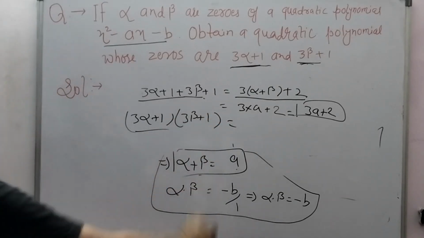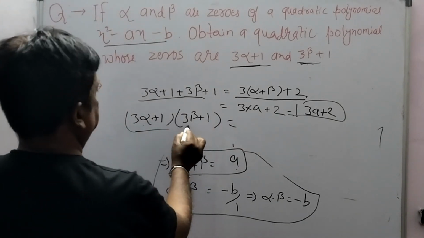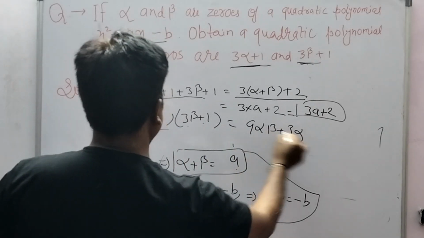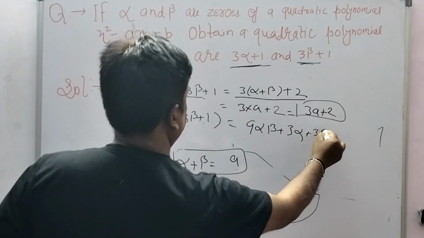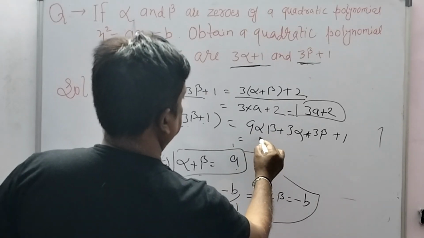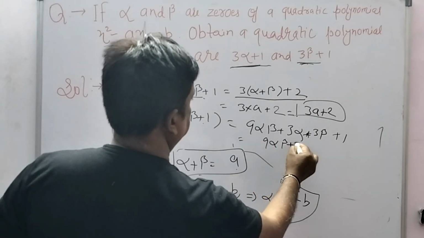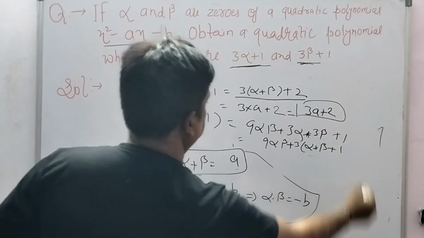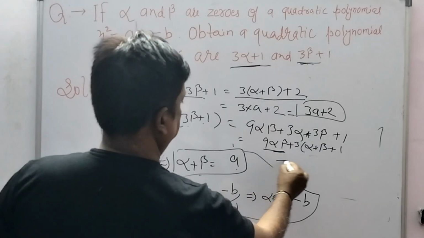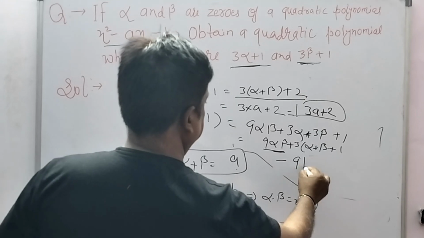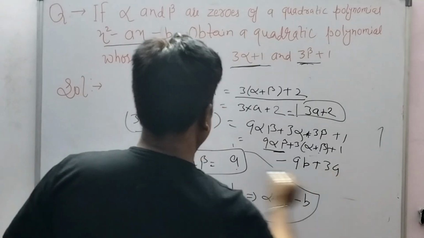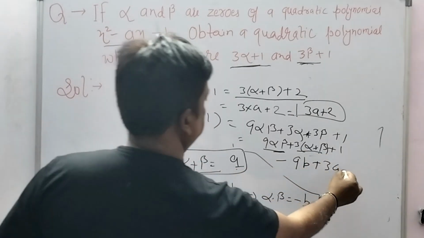Multiplying, 3 alpha into 3 beta is 9 alpha beta, plus 3 alpha, plus 3 beta, plus 1 into 1. So the product is 9 alpha beta plus 3 times alpha plus beta plus 1. Since alpha beta is minus b, this gives minus 9b plus 3a plus 1.